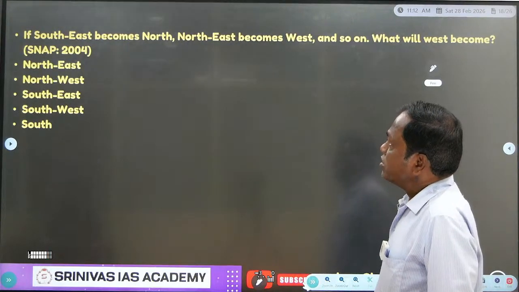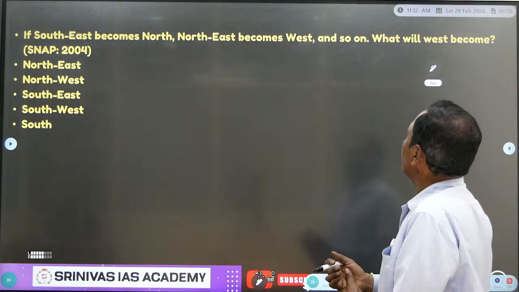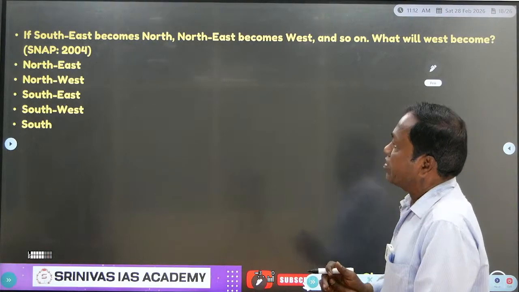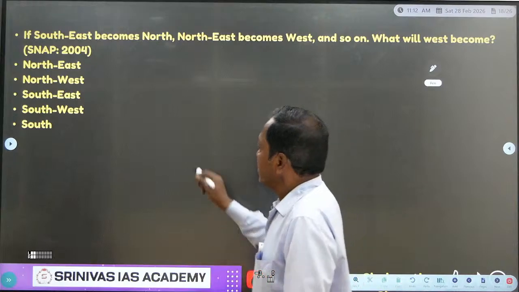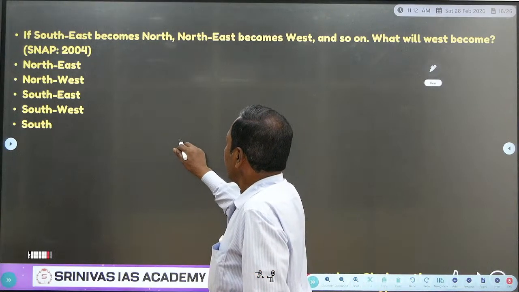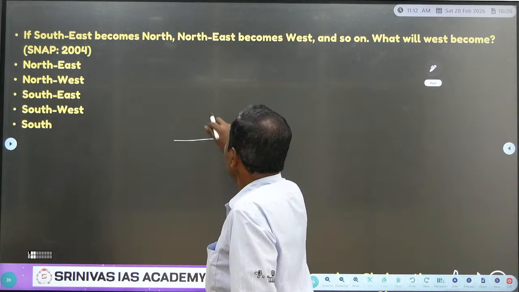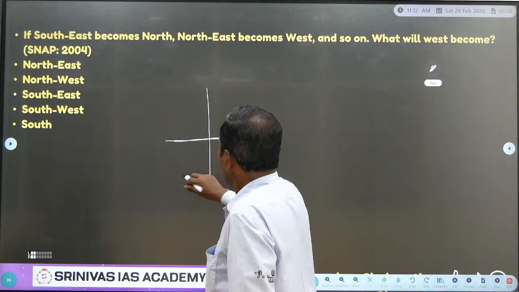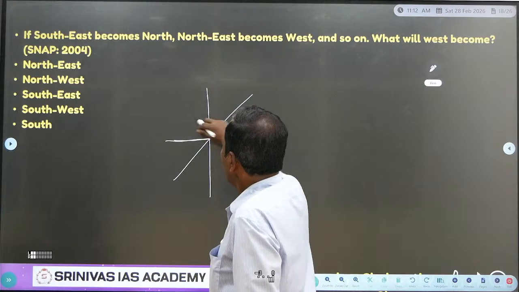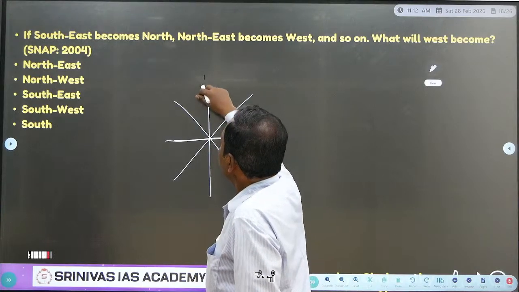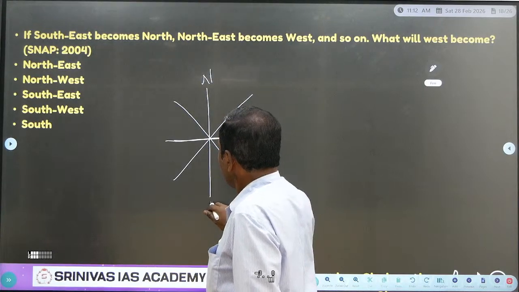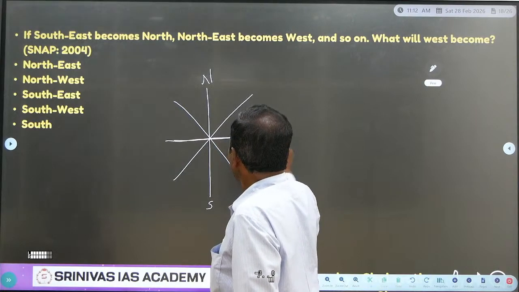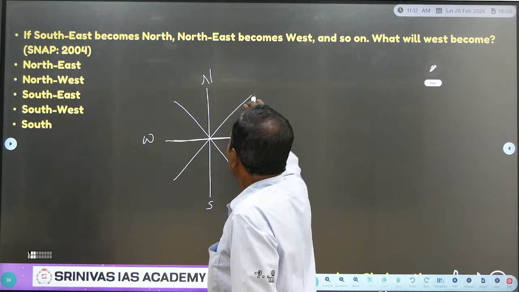Now, if southeast becomes north, northeast becomes west, and so on, what will east become? Then what you have to do is draw the directions. This is north, south, east, west.